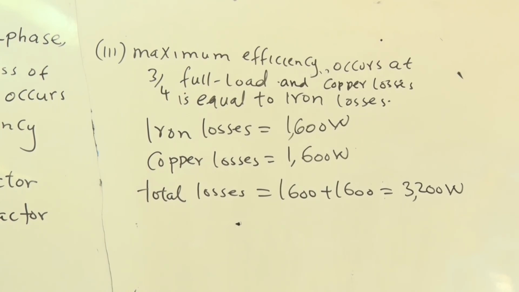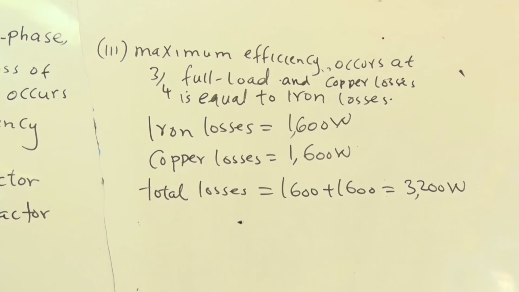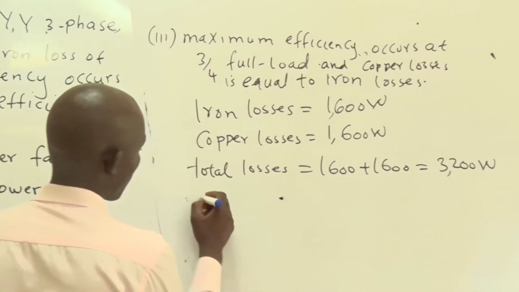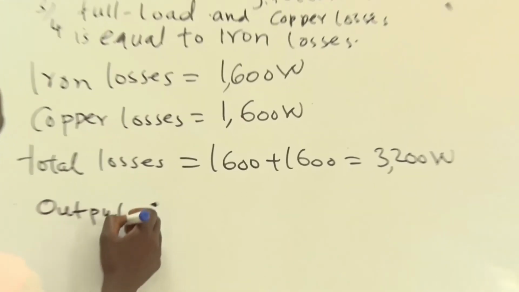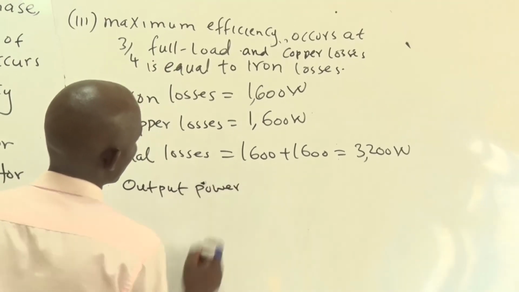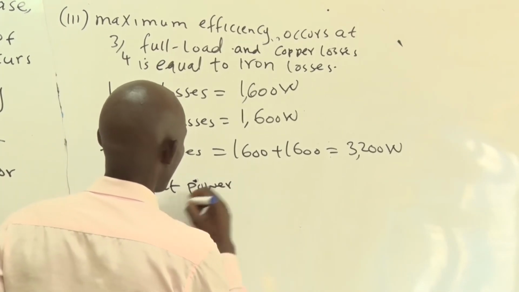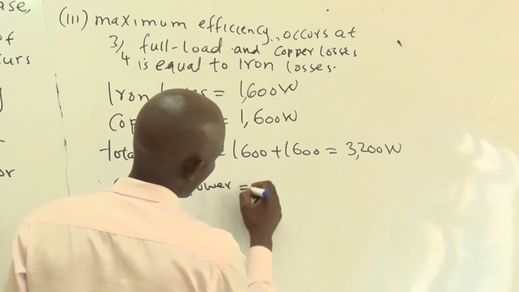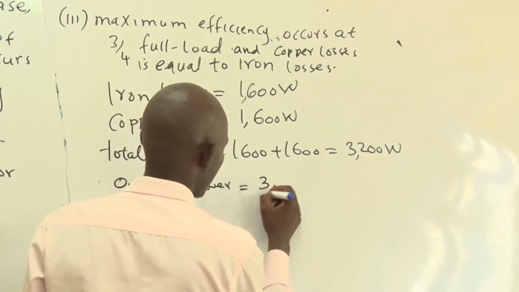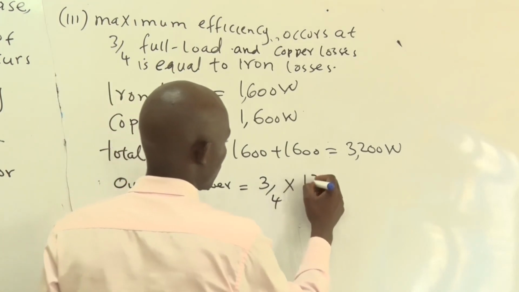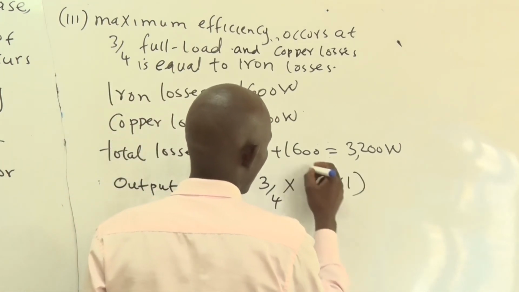And remember, we are working with a unit power factor, the maximum efficiency at a unit power factor. That means that our output power will be given by 3/4 multiplied by 120 multiplied by 1.